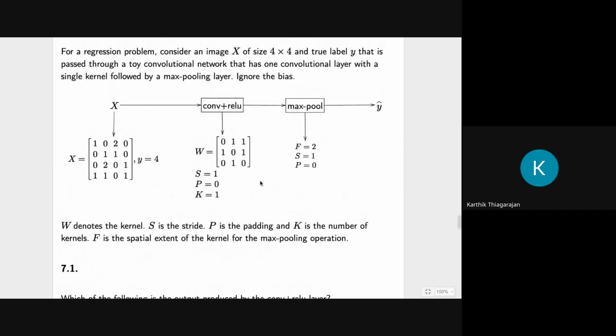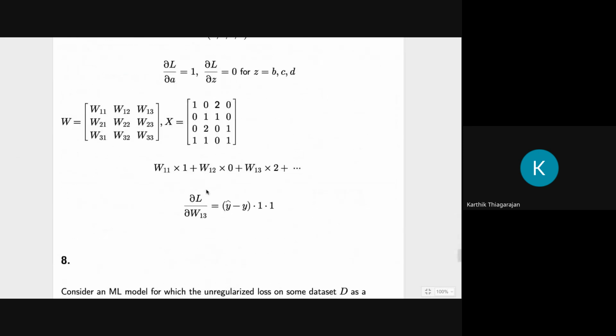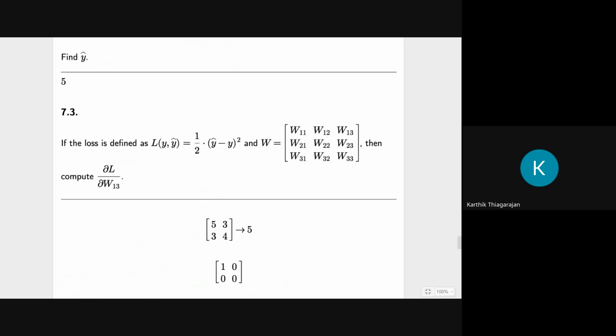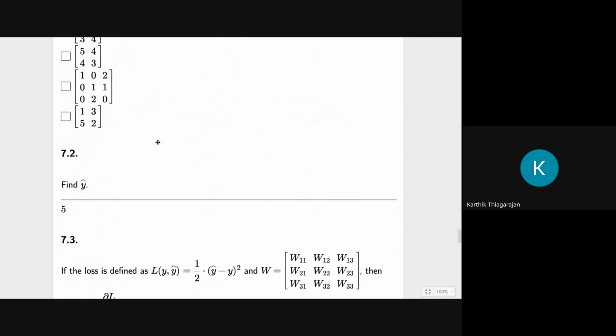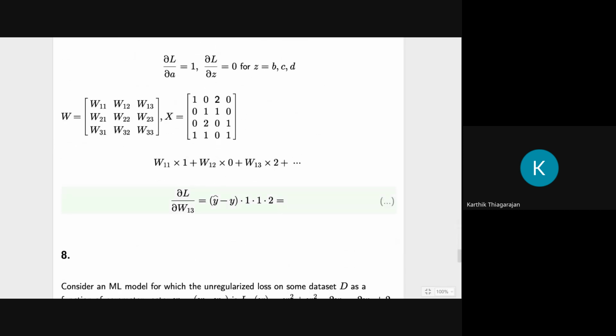Once you're done with the ReLU part, you come to the actual convolution part, which corresponds to this entry. It is this 2, the input. And y hat minus y should be conveniently 1. So y is 4, y hat is 5, so 5 minus 4. So you end up with 2.